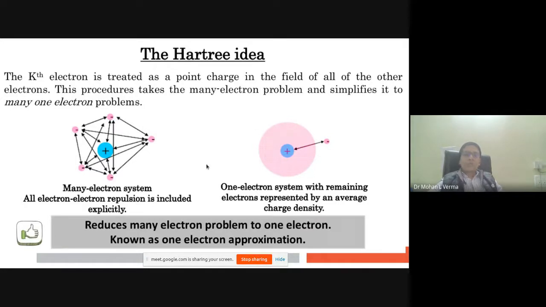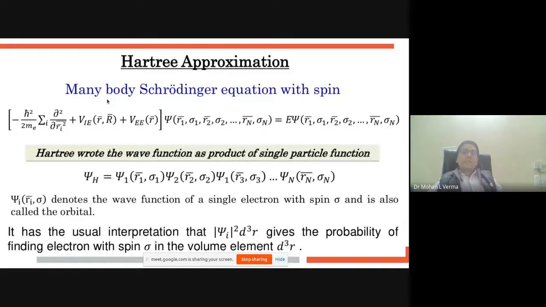So Hartree's idea reduces the many-electron problem to one electron, known as the one-electron approximation. This is the many-body Schrodinger equation with spin under Hartree's approximation.